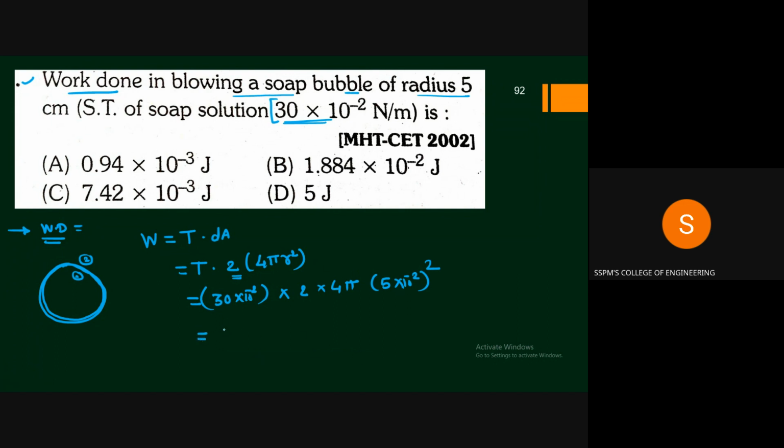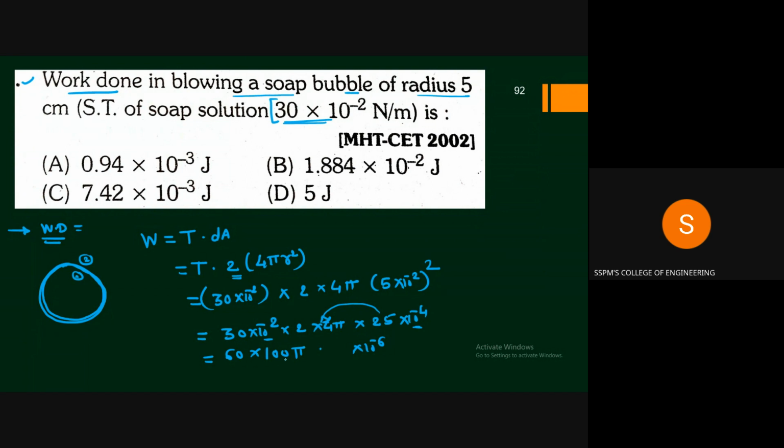So this is equal to 30 into 10 to the power minus 2 into 2 into 4 pi into 25 into 10 to the power minus 4. Here 30 into 2 will be 60, into 10 to the power minus 2 and 10 to the power minus 4, this is 10 to the power minus 6. And 25 into 4 is 100, so this is 100 pi.